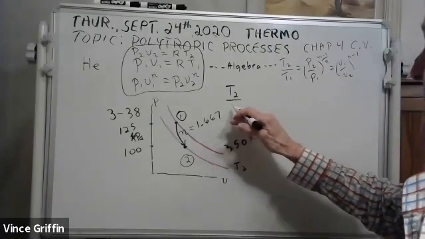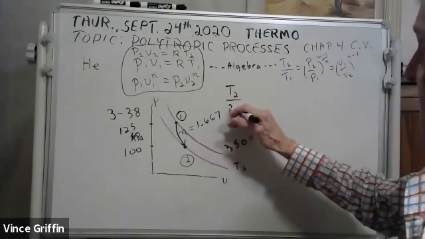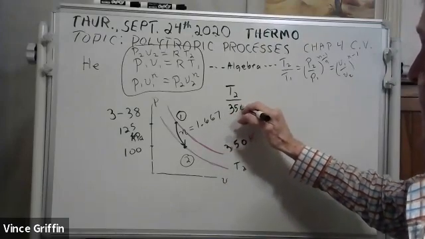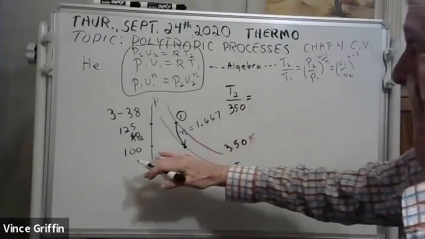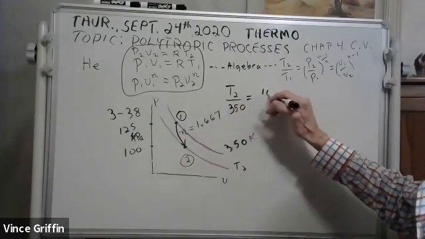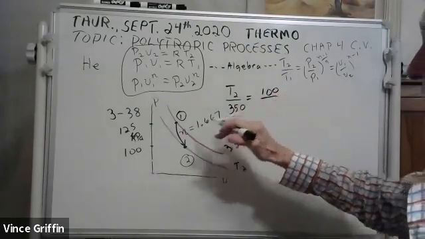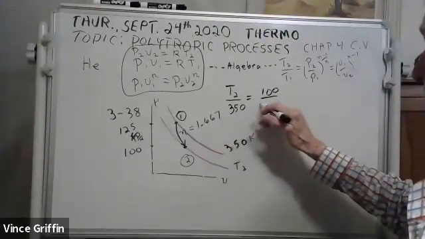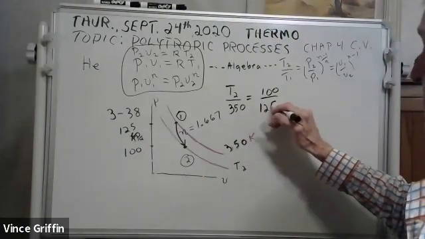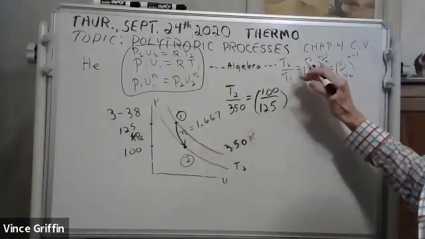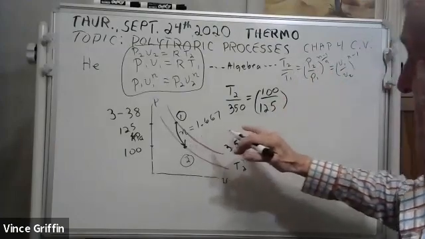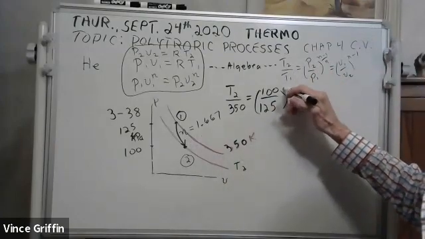Here goes. We know T1 is 350. We know P2 is 100. And we know P1 is 125. And we know that the n is 1.667.